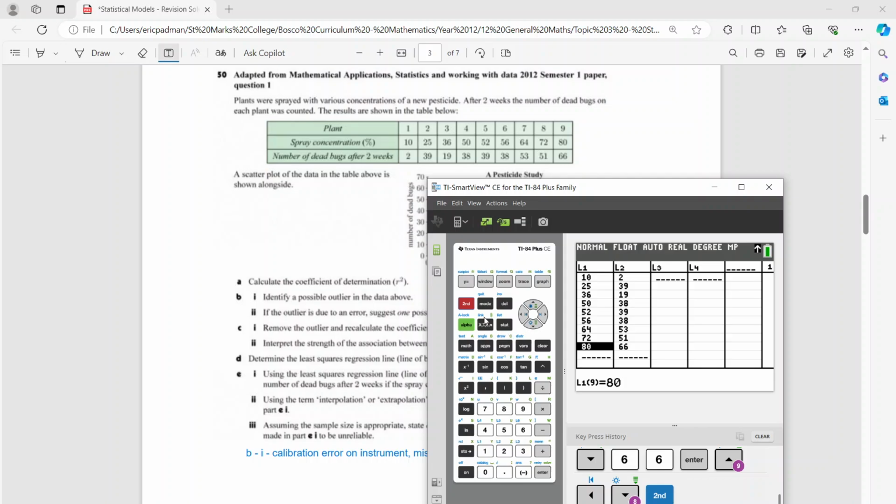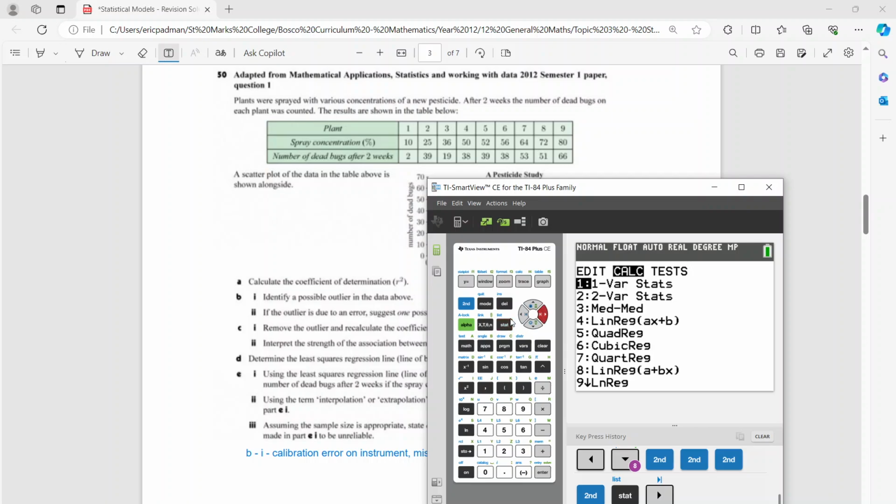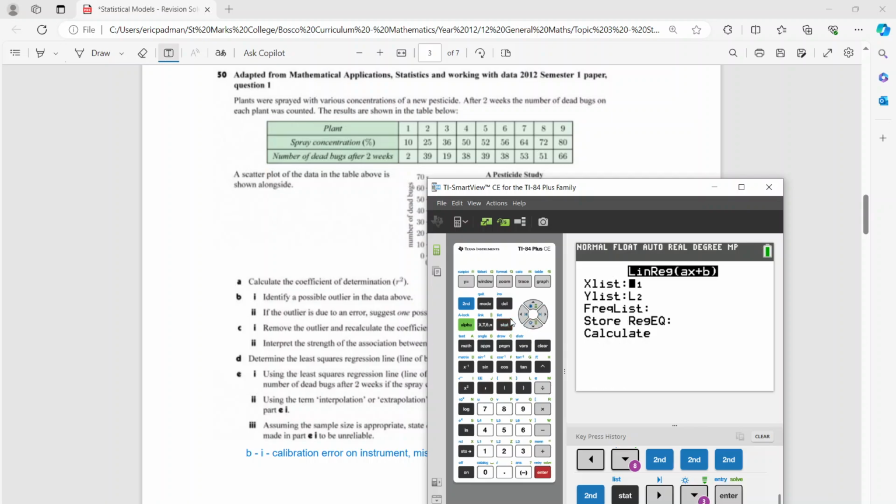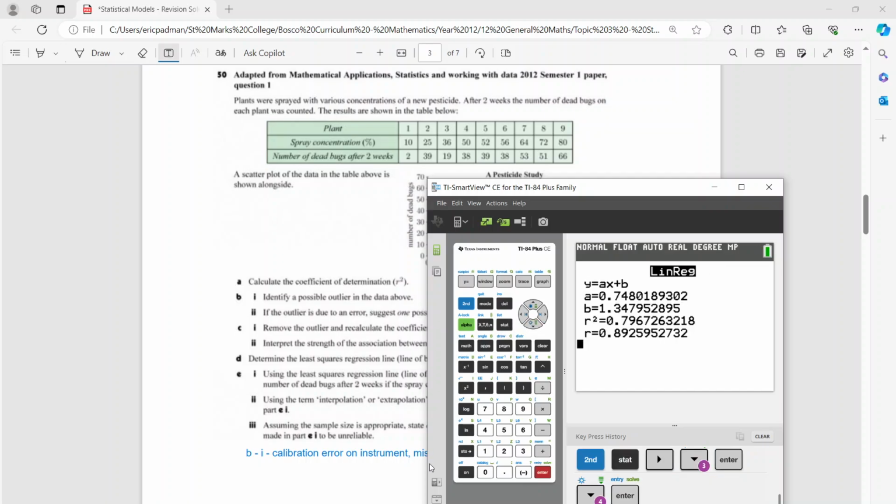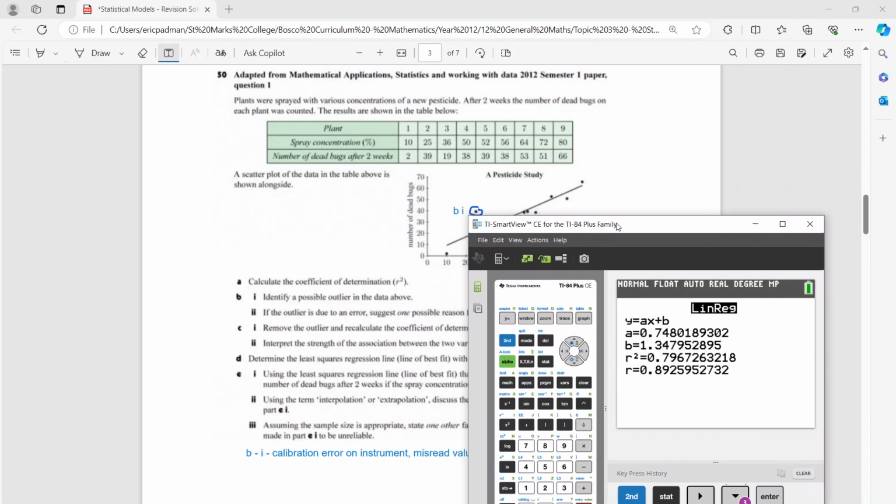So let's just do our calculation. Stat, Calc, linear regression. Part A just asks you for the R squared.